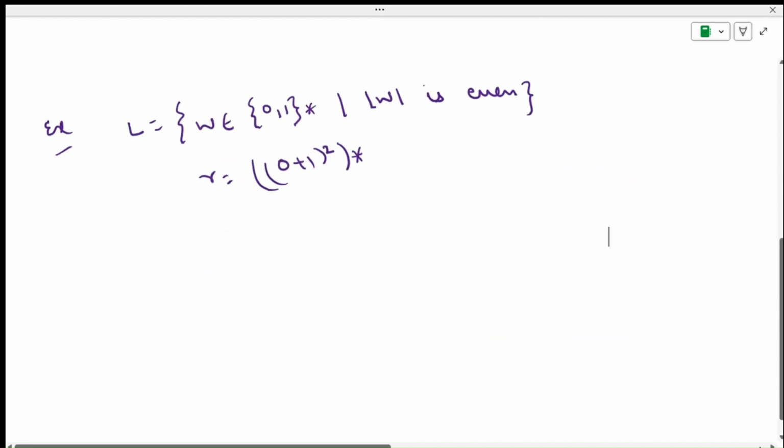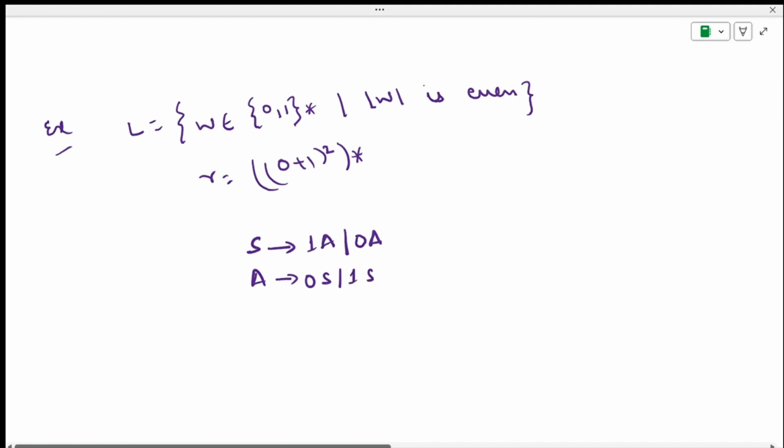Now take this example where we have the same language. The only difference is that the restriction is on the length of the string. We want even length strings in this case. So I'll start with S. This time I'll just shift the null: S goes to null, 1A or 0A, and this A is 0S or 1S, same as the previous one.